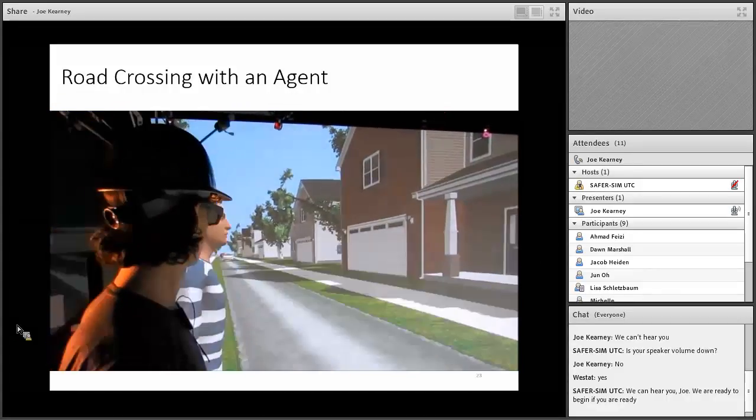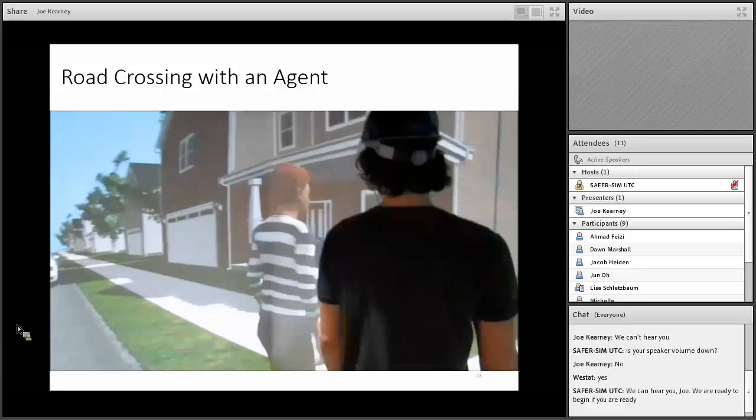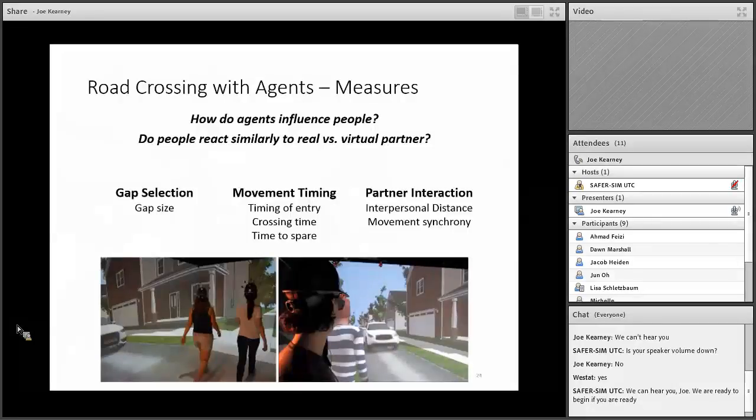So Carl looks at traffic, and when the traffic comes, Carl is prepared, tracks the lead vehicle in the gap. That tracking, there's a little bit of a head whip as Carl follows the lead vehicle into the crossing through the intersection, and that's an important cue to tell the participant Carl's getting ready to go.